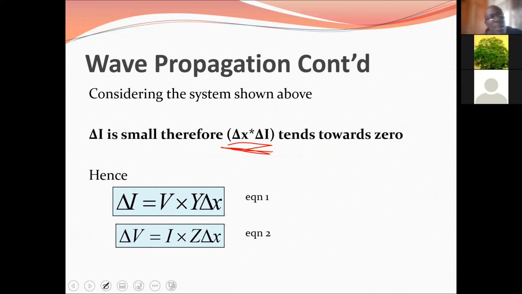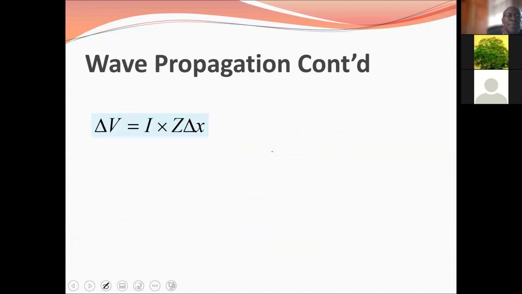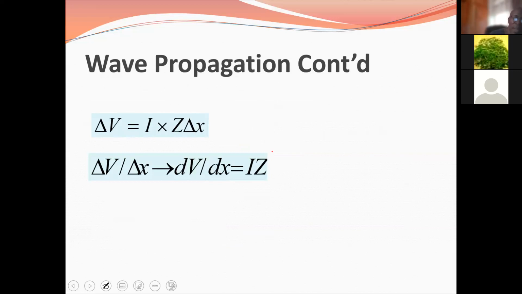And then, of course, we apply some basic mathematical principles within the limit where delta X tends to dx, then delta V, which is equal to Iz delta X. Delta V over delta X as it tends towards dV/dx will be equal to Iz.